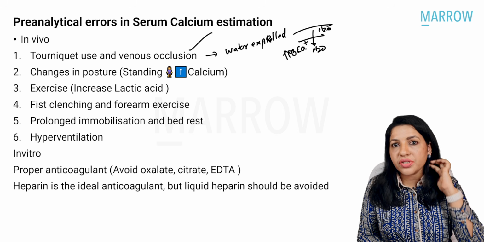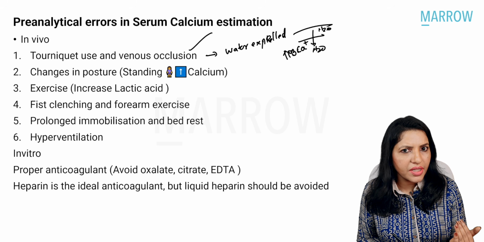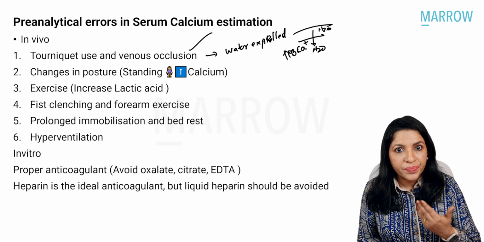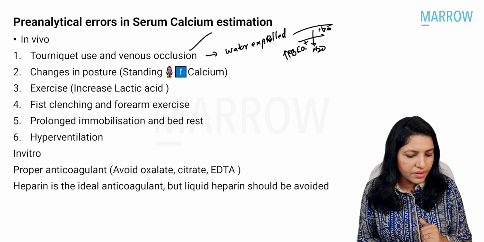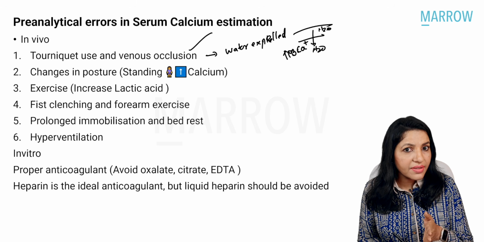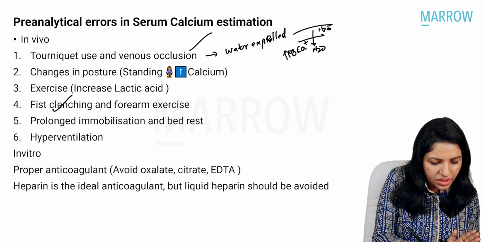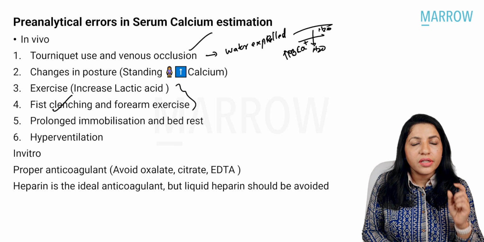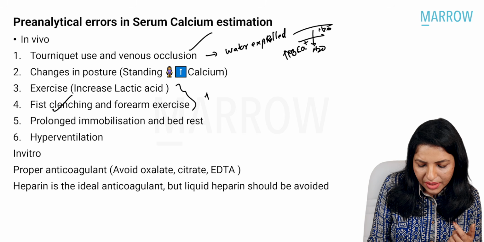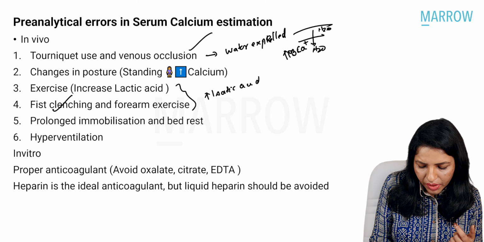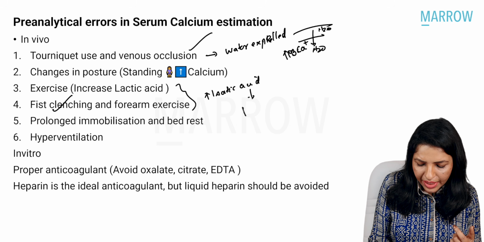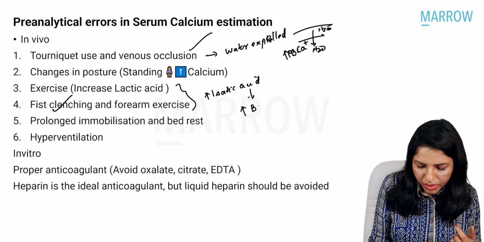Then changes in posture can affect the blood calcium level. For example, standing increases the calcium level. Exercise and fist clenching all have the same reason: these will increase the lactic acid. So if there is acidosis, then that also increases the protein bound calcium level.